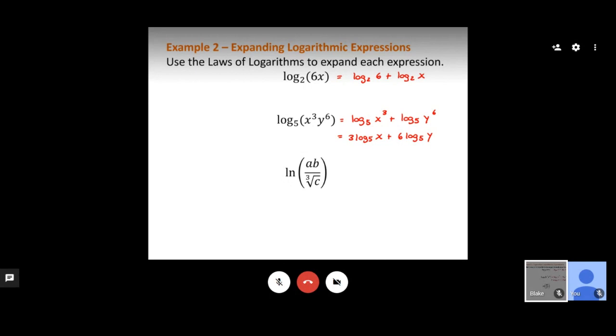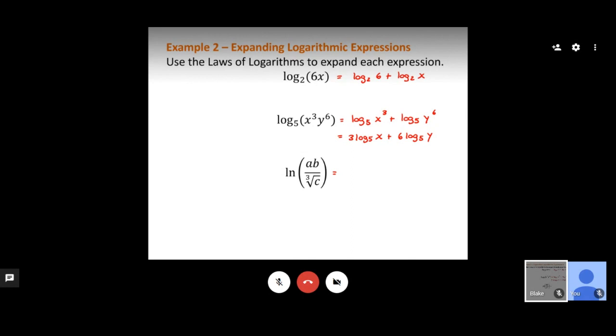All right, let's take a look at this last one now. So we got natural log of a times b divided by the cube root of c. All right, so what operations do we have in here this time? Okay, good.